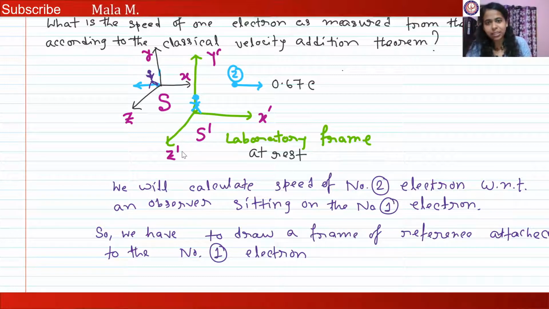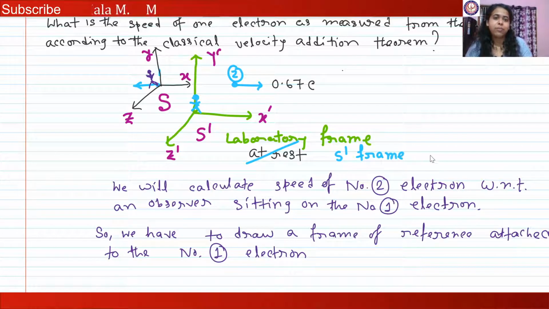Now, what next? Previously, we had taken the laboratory frame at rest. But now, to solve further, we will take the S prime frame as moving. How is that possible?